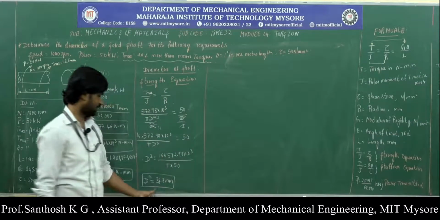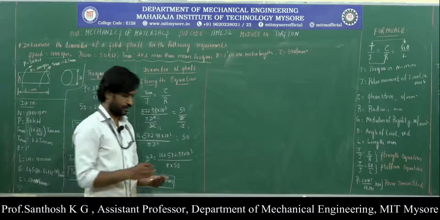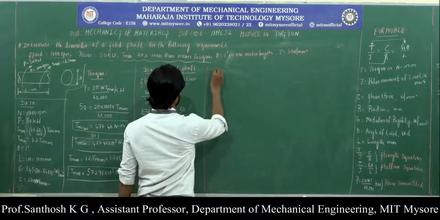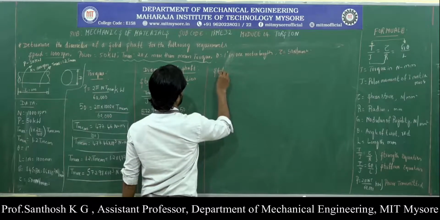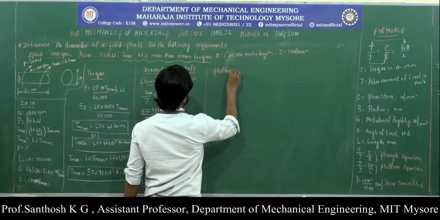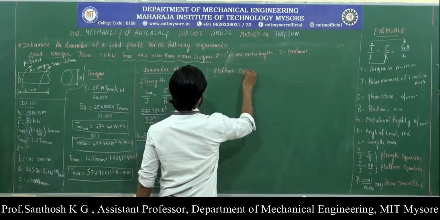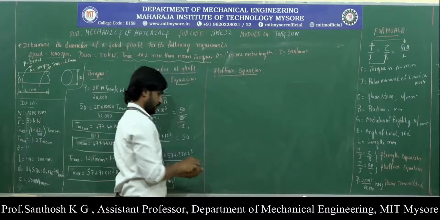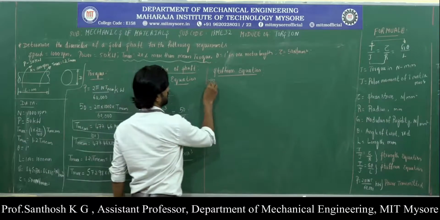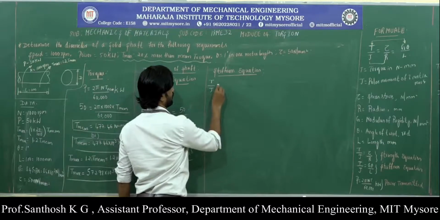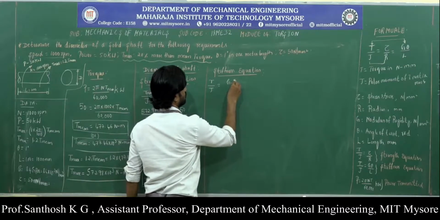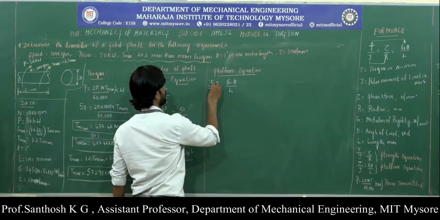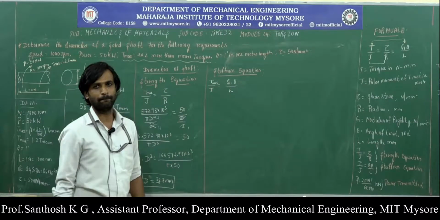Now, let us try to get one more value of d by using the stiffness equation. The stiffness equation is T by J equals G into theta divided by L. So, here the value of T is T max.